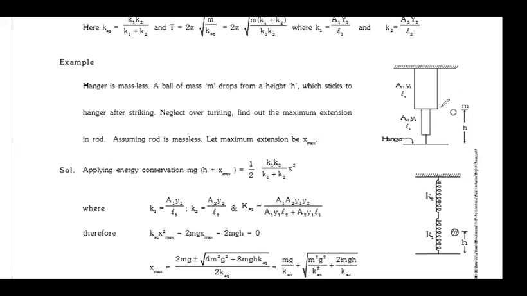I can say that this is your hanger, and this is dropped from height h. Now it is dropped, so it will have some energy, yes or no? And this energy will transfer to this.